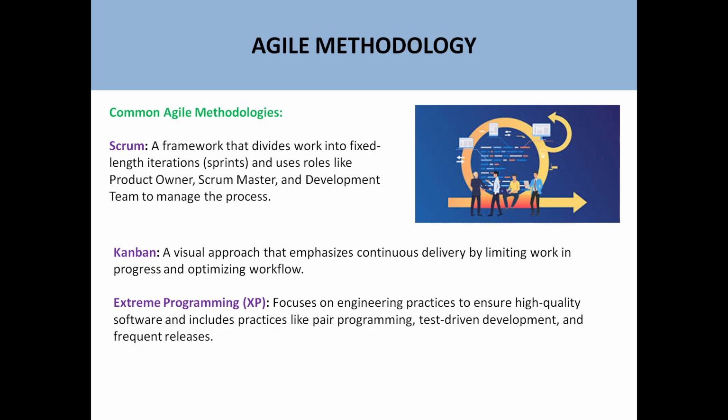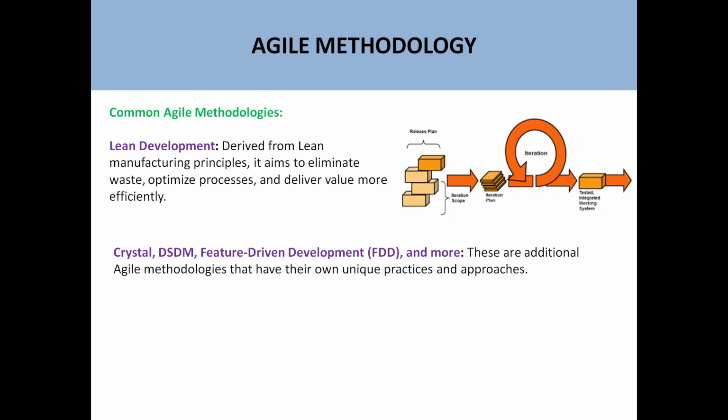Kanban is a visual approach that emphasizes continuous delivery by limiting work in progress and optimizing the workflow. Next is extreme programming. Extreme programming focuses on engineering practices to ensure high quality software and includes practices like pair programming, test driven development, and frequent releases. So this is another approach of agile methodology.